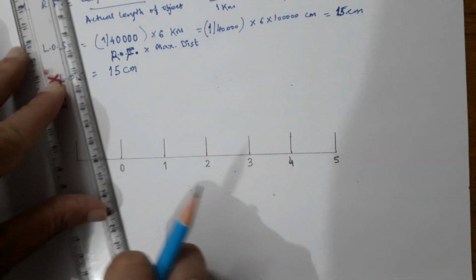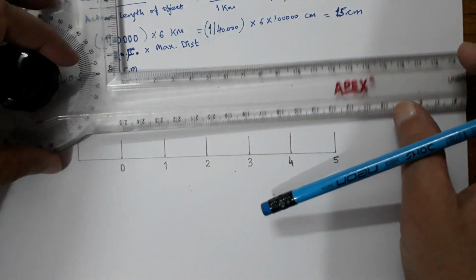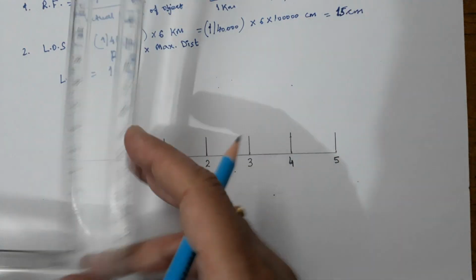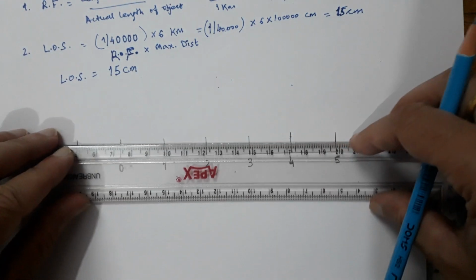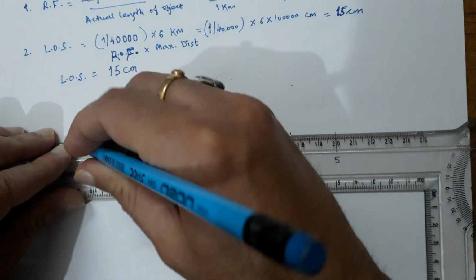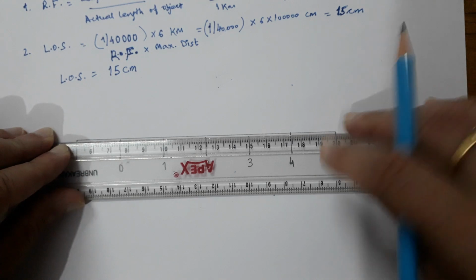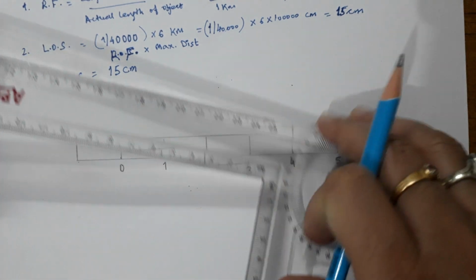Now you can join the upper length as well. All this is done using a continuous thick line.